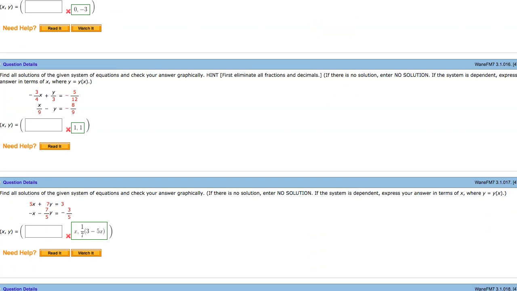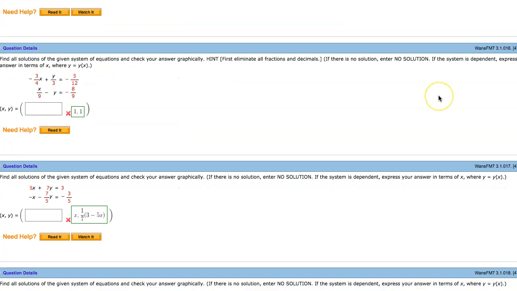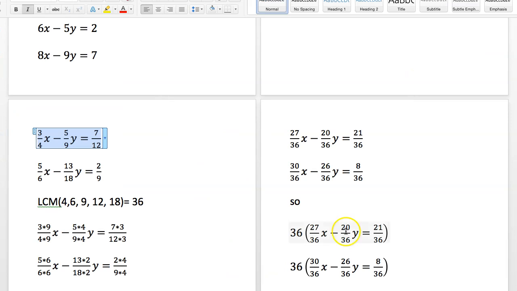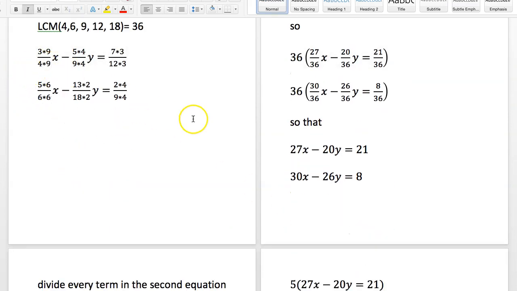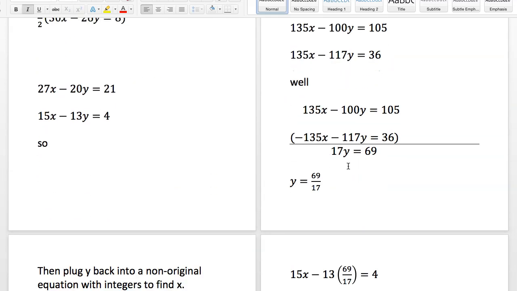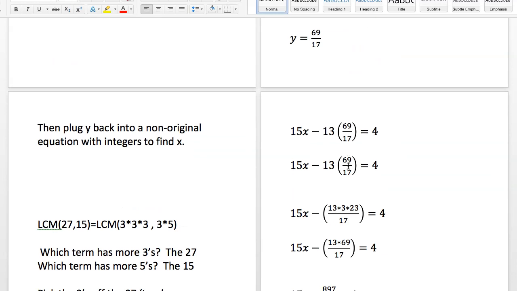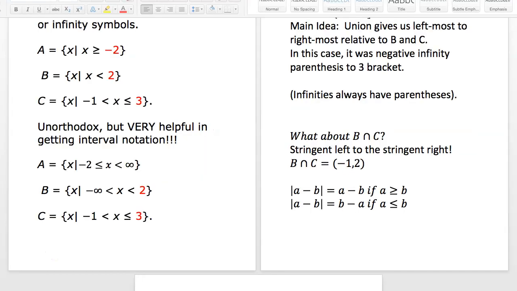And that wasn't anything private, so it's fine. Now, uh-oh. Wait, where's my Word file? But anyway, I wanted y'all to just understand how I got rid of those fractions. I didn't really mean to go off on a hard tangent here. y is 69 over 17, and then x is 193 over 51.